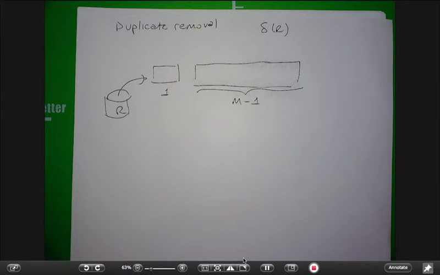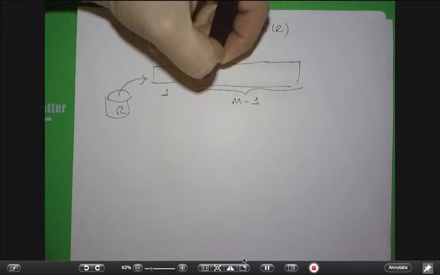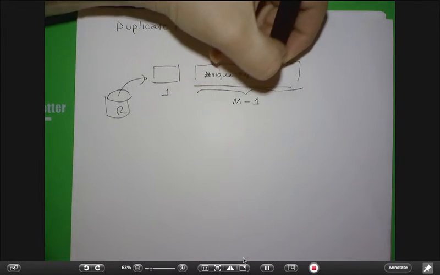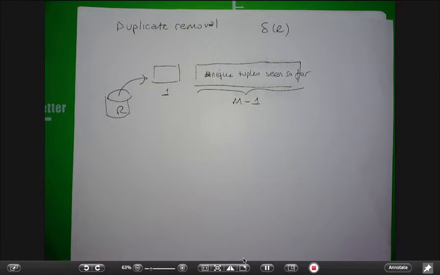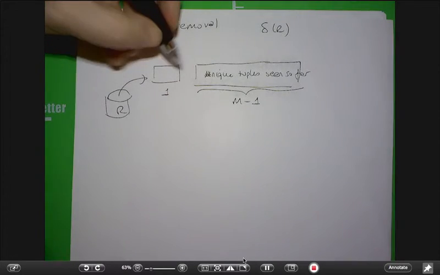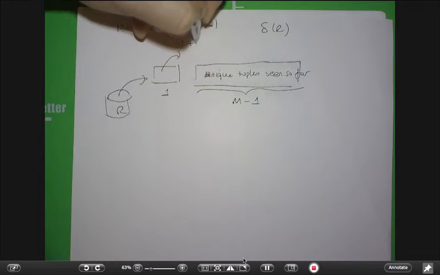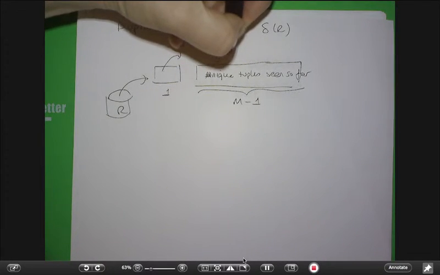And then here you store the unique tuples seen so far. Every time you read a new page, you see if that tuple is seen. If not, then insert it here.